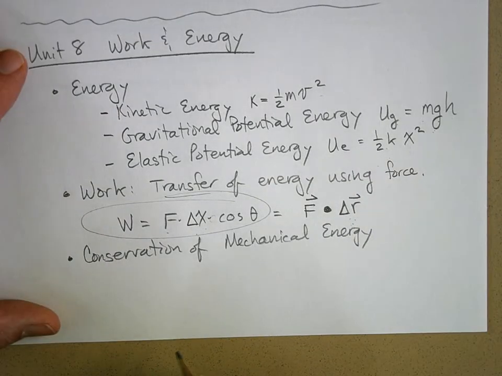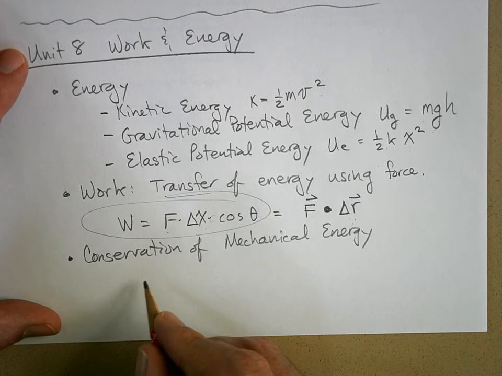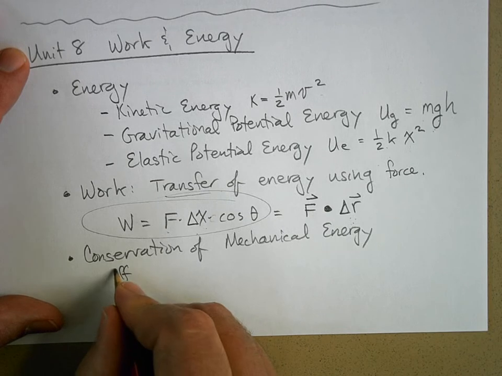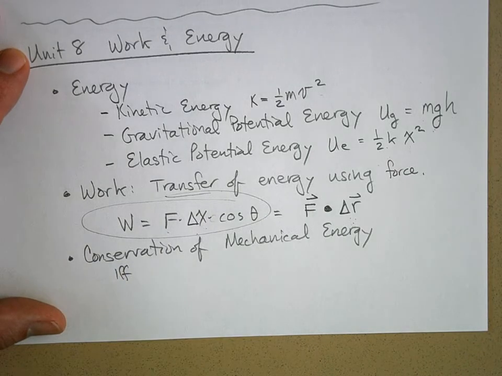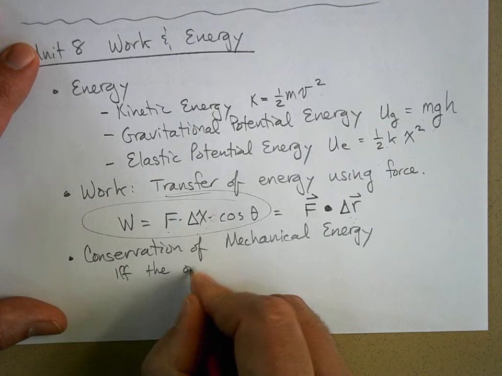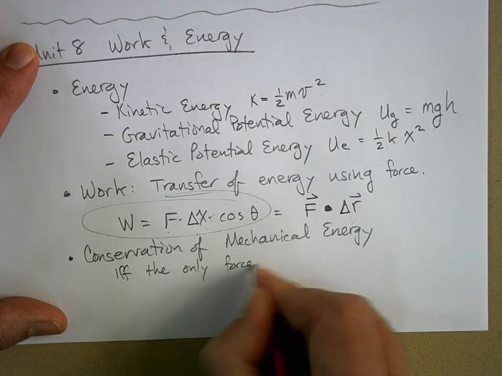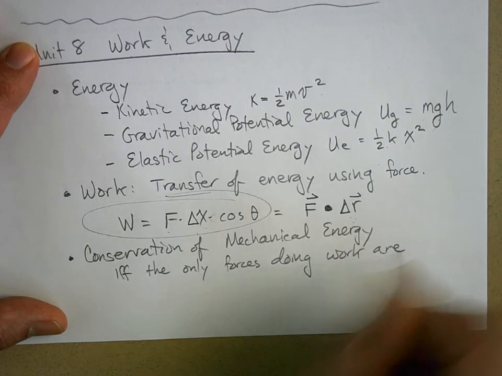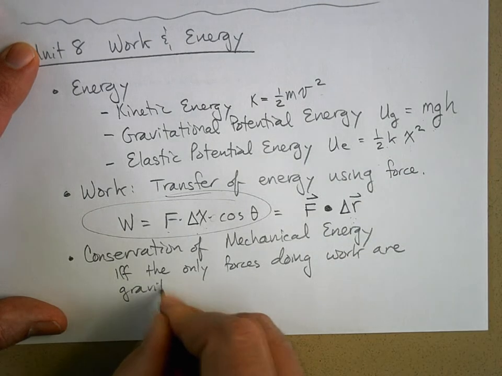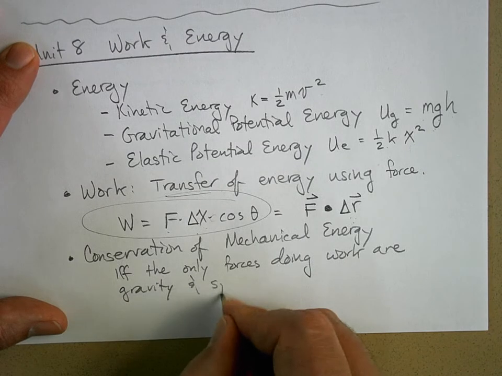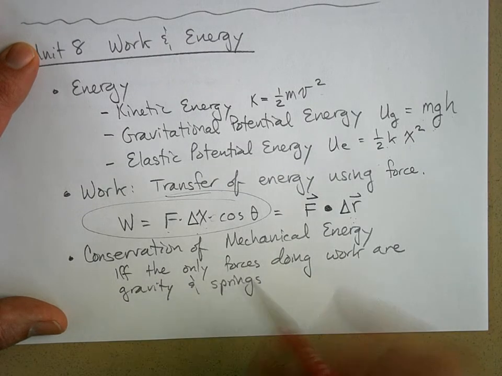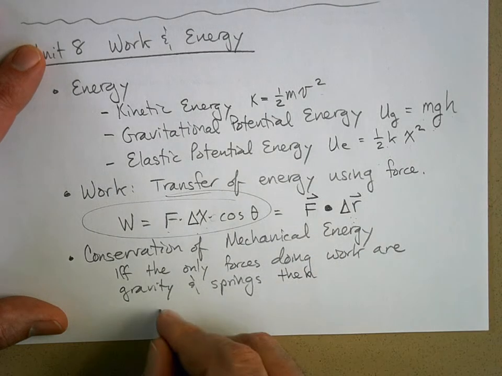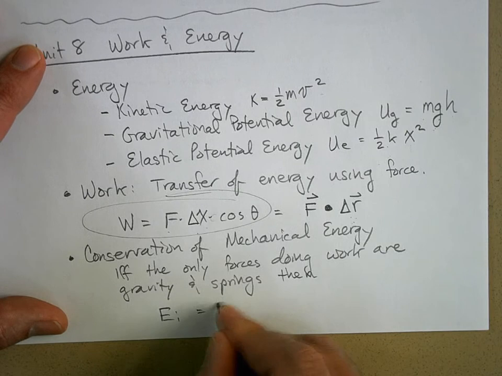Okay. And so that means that, if and only if, IFF, you've seen that before? IFF, if and only if, the only forces doing work are gravity and springs, or any kind of elastic material, then E initial equals E final.